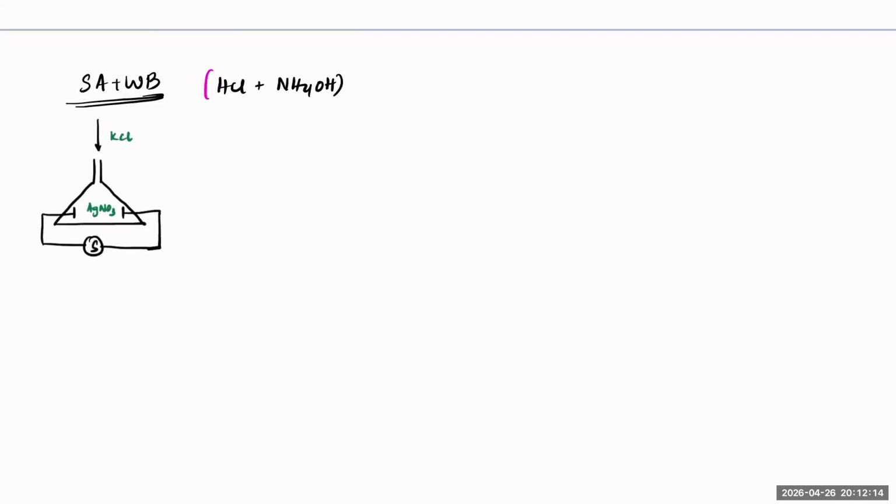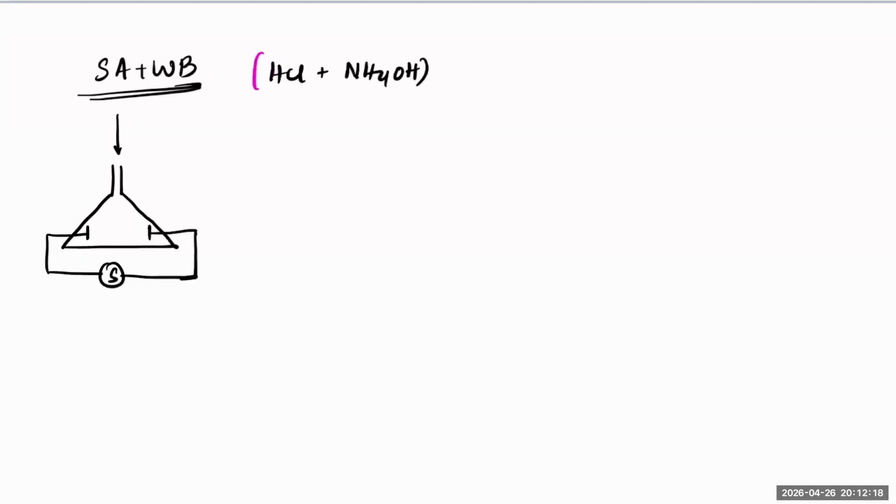Okay. Strong acid and weak base is a similar case here. Strong acid and weak base is like HCl titrating with NH4OH. Got it? So suppose we have a strong acid here, which is HCl, and we have NH4OH.